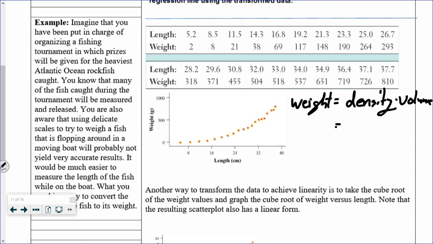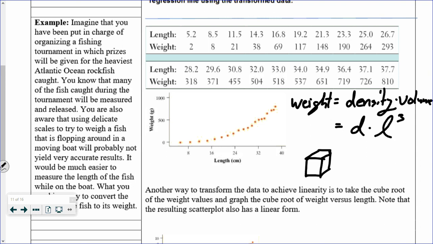Well, what is volume? Volume of a fish is not just the length. Let's approximate this fish as a cube, cubical fish, in which case this fish's volume can be approximated as its length cubed.